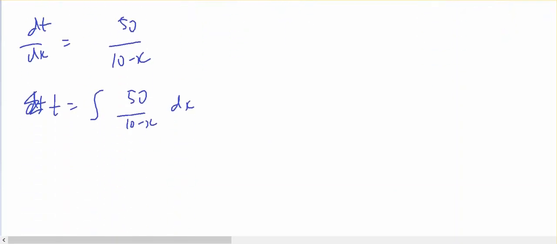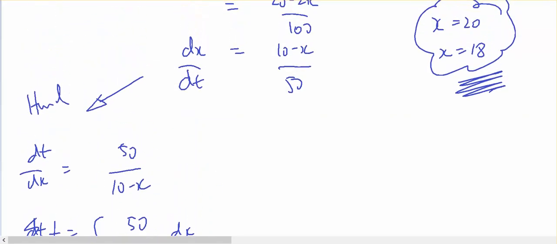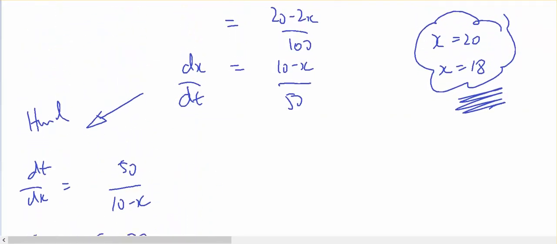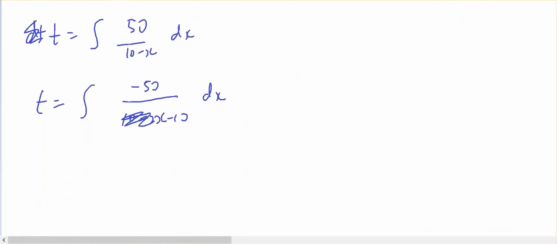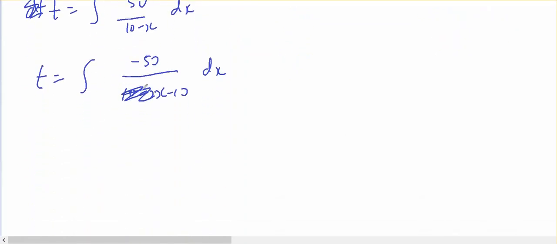So in actual fact, what I'd like to do is turn this into minus 50 on top of x minus 10 dx, because that avoids the problem of having the modulus being negative or positive, because my x values are bigger than 10. And I just multiply top and bottom by negative.